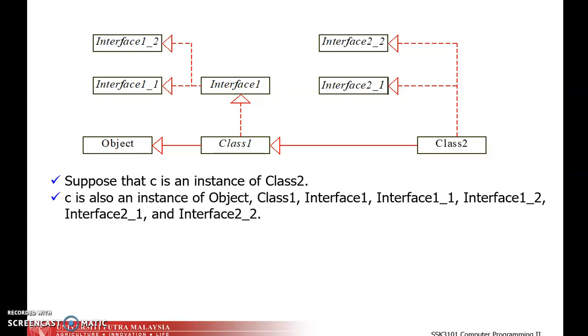At the same time, C is also an object or instance which has access privilege to object class 1, interface 1, interface 1.1, interface 1.2, interface 2.1, and interface 2.2.